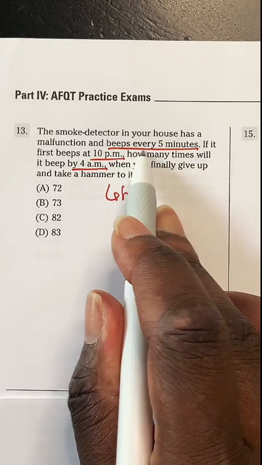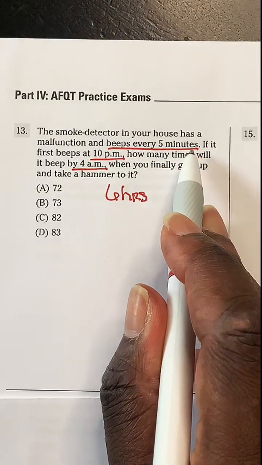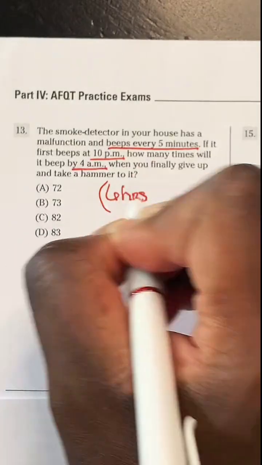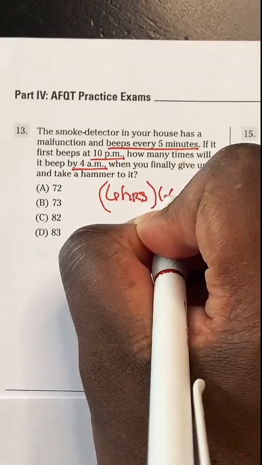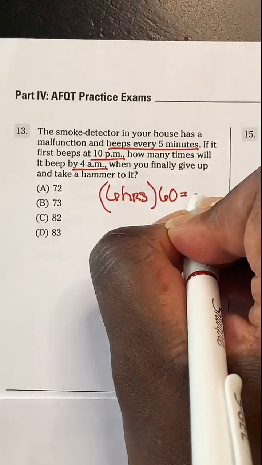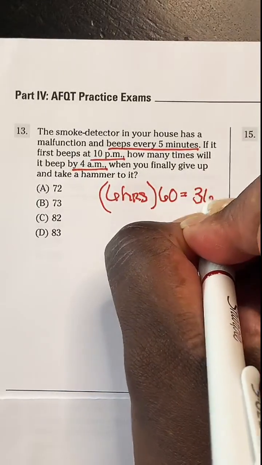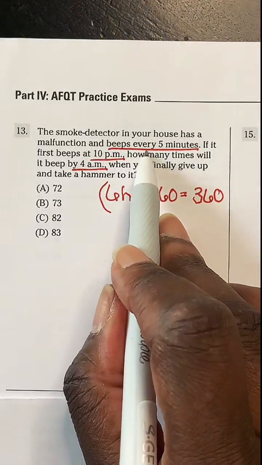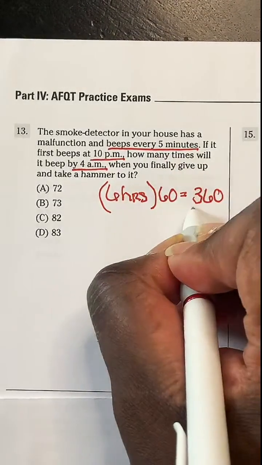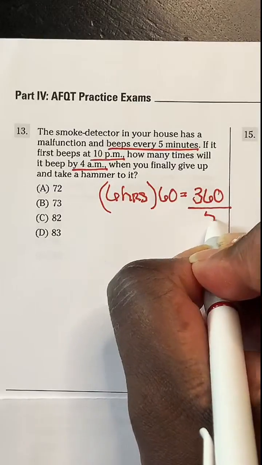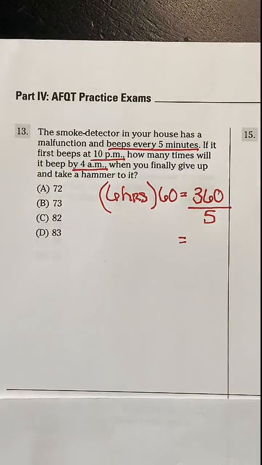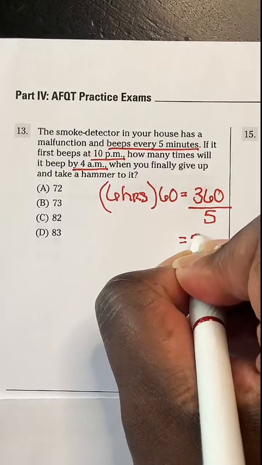They're saying that the beeps are happening every 5 minutes, so I need to convert these 6 hours into minutes. What do we do? Multiply by 60. So I'm going to get my 360 minutes. But it's happening every 5 minutes, so I'm going to divide this by 5. That gives me 72.